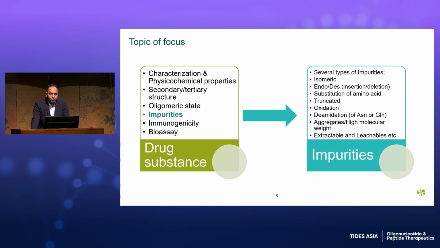So the main topic of focus, as you see, with respect to peptide drug substance, these are the most important characteristics or attributes we typically study, which includes characterization, higher order structure, secondary and tertiary structure, oligomeric state, aggregation state, impurities, and immunogenicity bioassay.